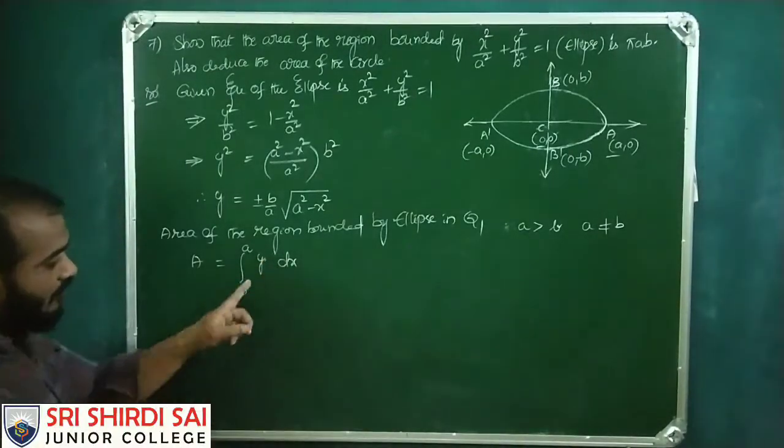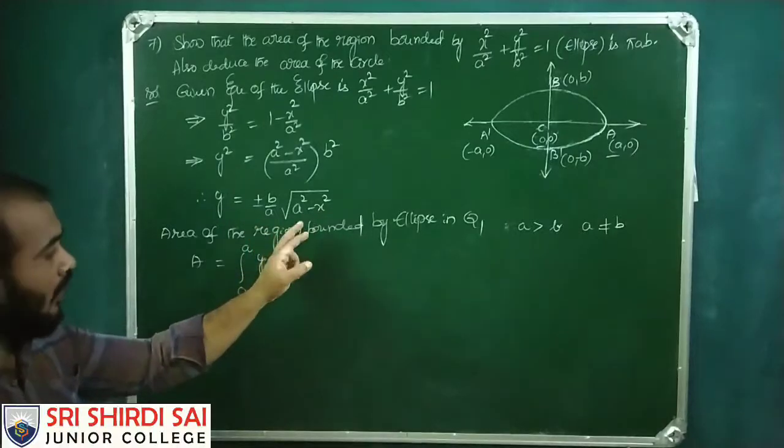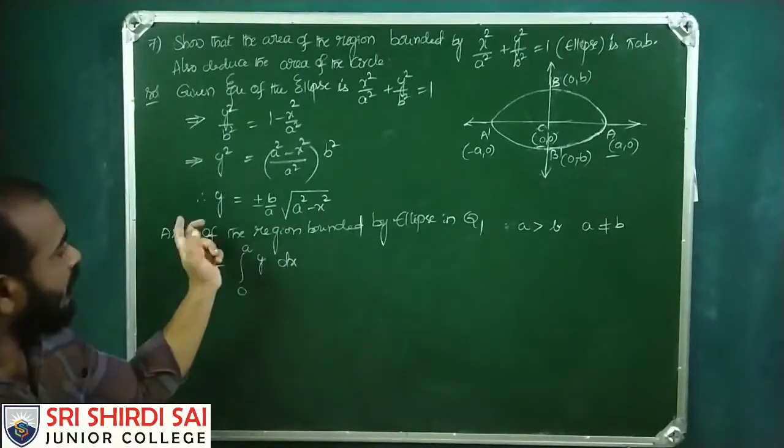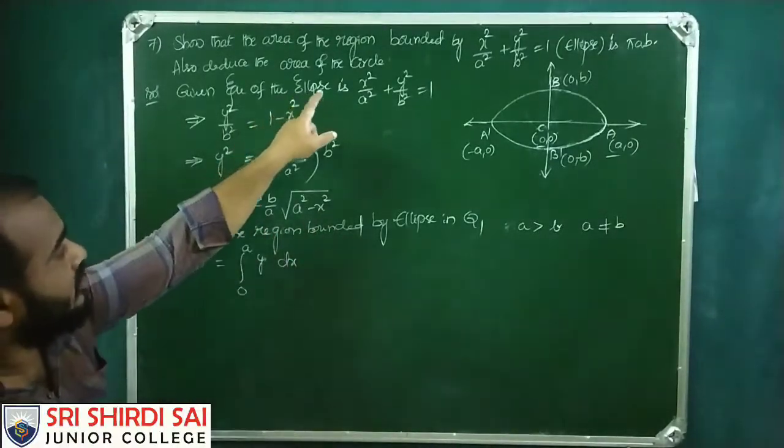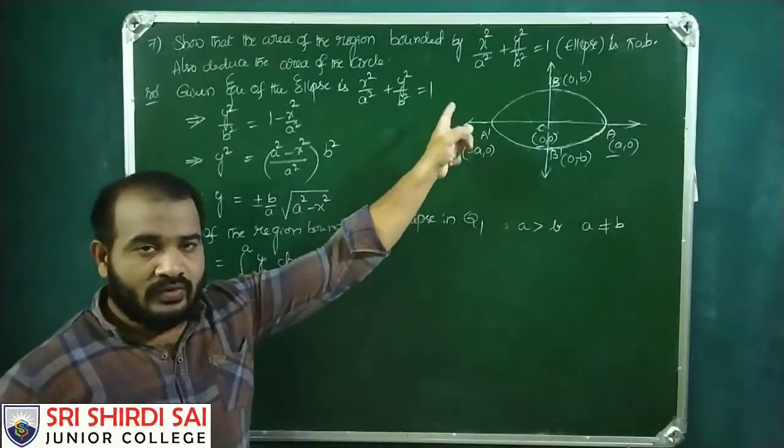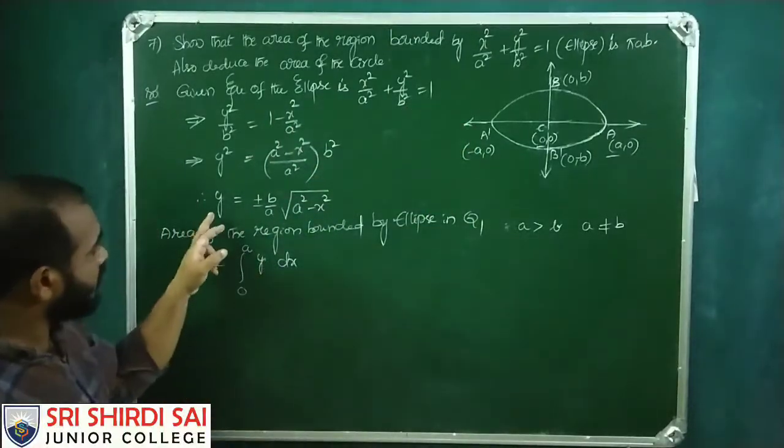Y is a function of x itself. That is why, before this step, we prepared x square by a square plus y square by b square equals 1 in terms of y.